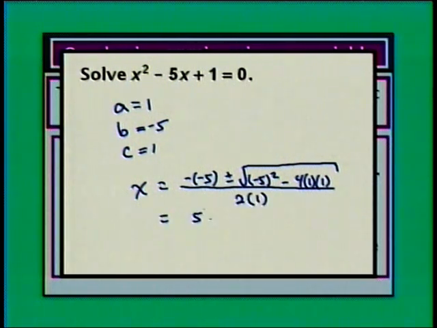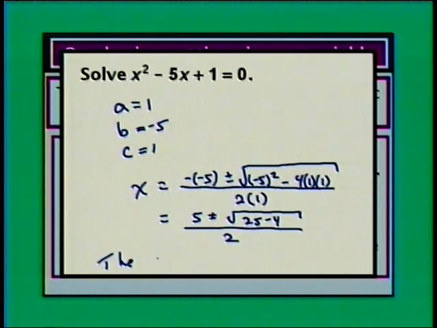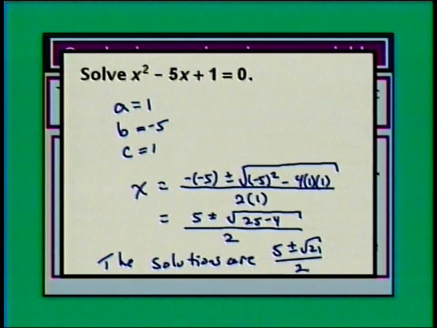So that's 5 plus or minus the square root of 25 - 4, all over 2. So I can see that the solutions are 5 plus or minus the square root of 21, all over 2.